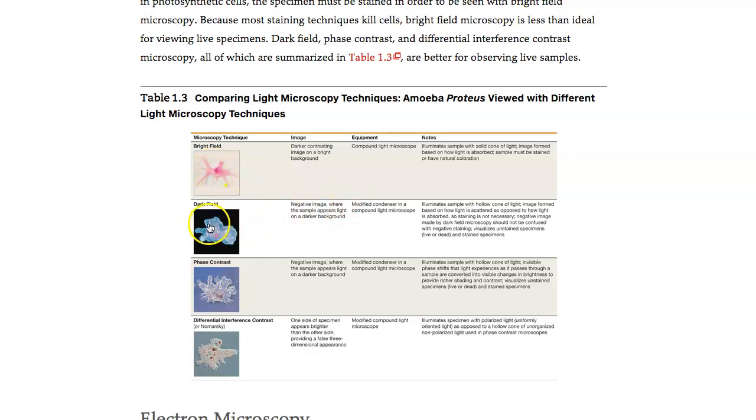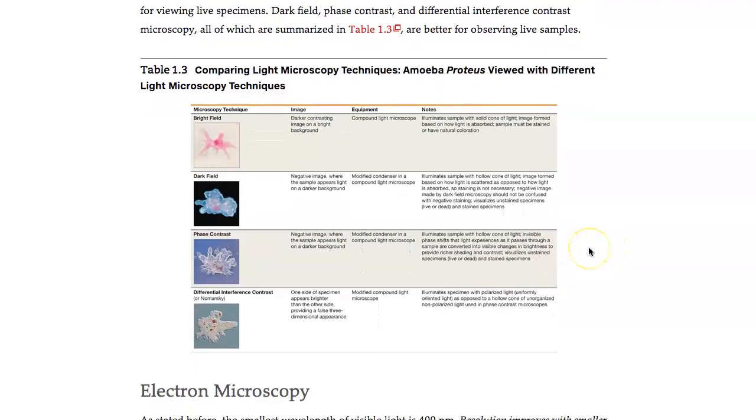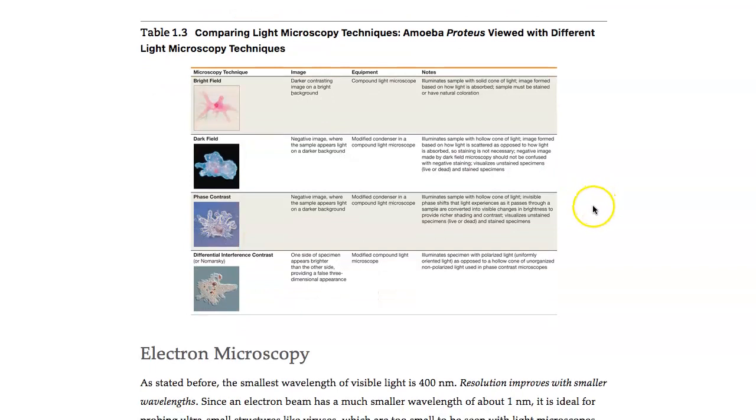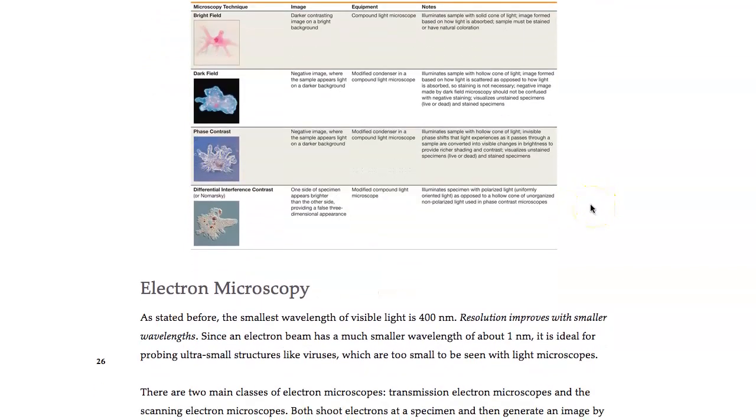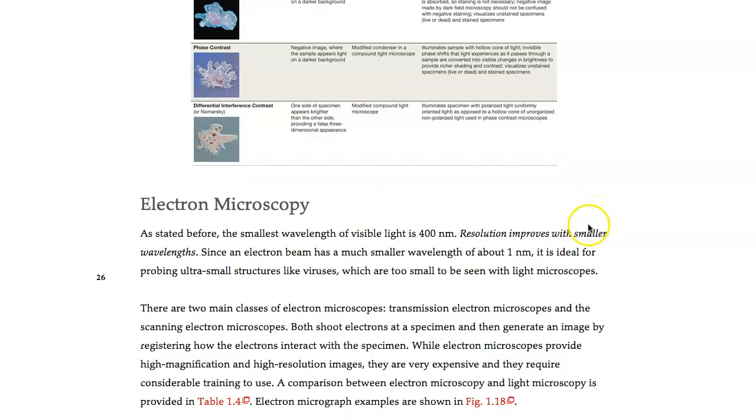Here you have a negative image where the sample itself is light and the background is dark. And so you have variations on the theme, which can give you better resolution of certain structures, depending on what approach you use, due to the differential properties of the light and contrast.